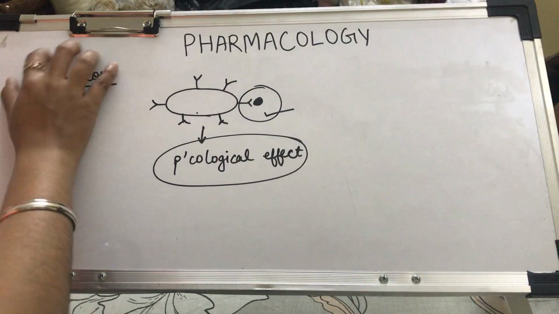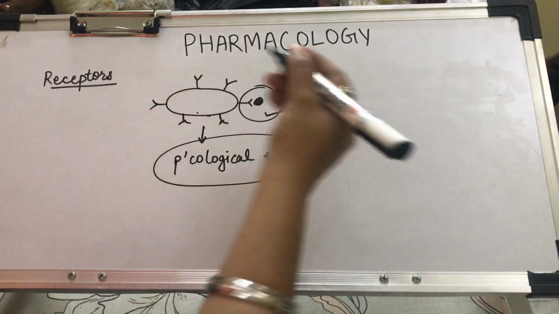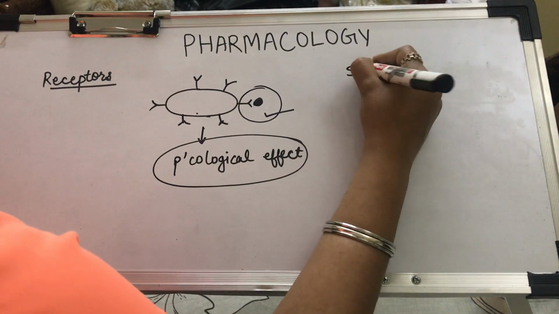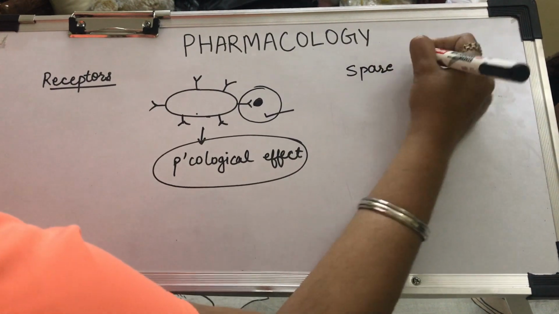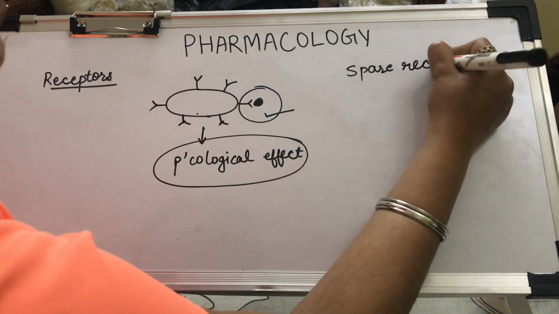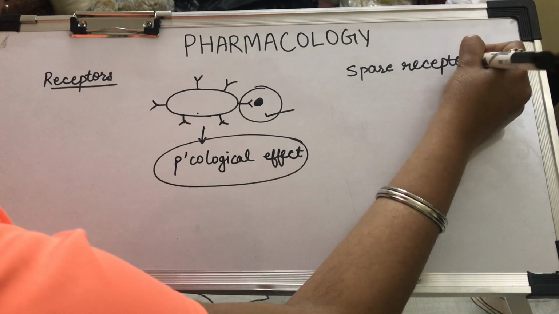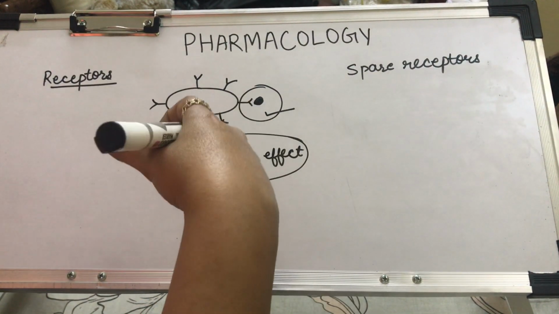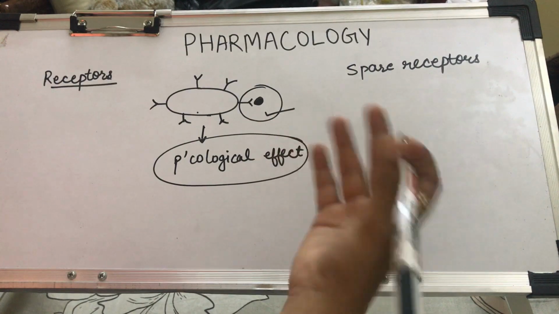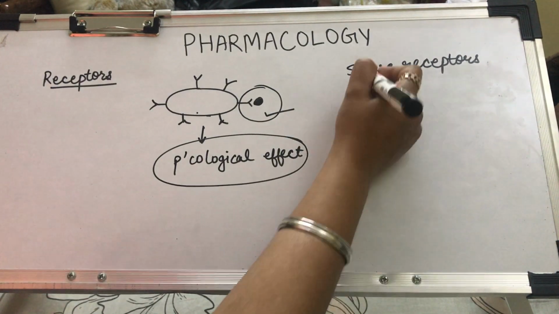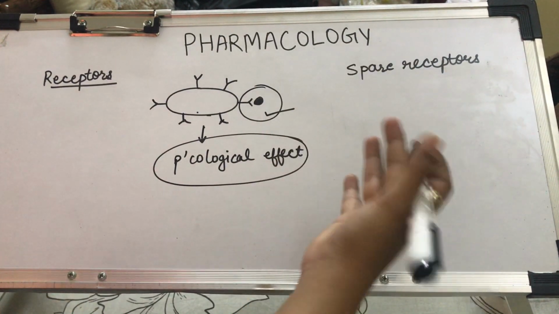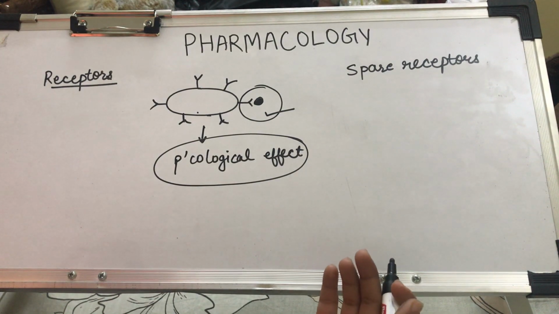Okay, if we talk about receptors, there is a term known as spare receptors. So what are spare receptors? As the term indicates, spare means that something is extra which is present there.